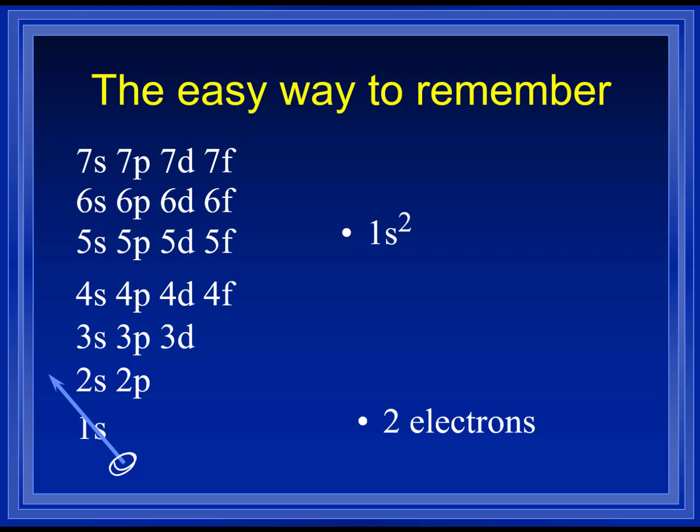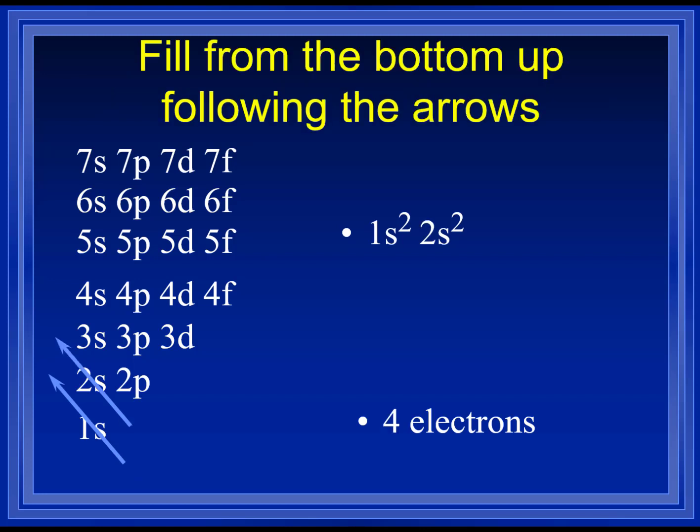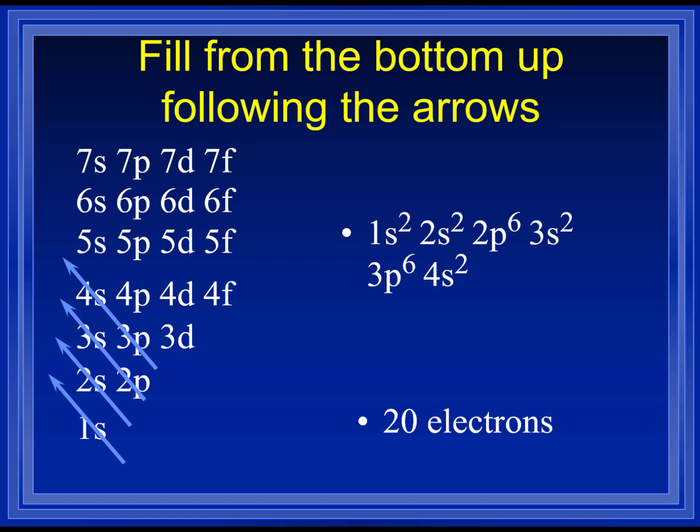So first is going to fill up 1s. 1s can hold 2. Then the next line goes through 2s. All right? So that 2s can hold 2. The next line is going to hit 2p, and then it's going to hit 3s. All right? So that's going to be 2p6. P's can hold 6. 3s2. S's can hold 2. Next line is going to go through 3p, then 4s.